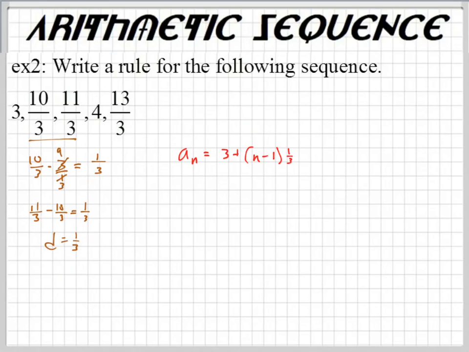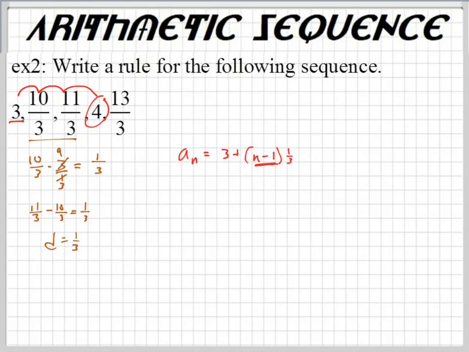Now, just because it says n minus 1 right here, that shouldn't surprise you, and let me show you why. To get a 4, we're starting with 3. How many common differences do I need to add to get to 4? Three of them, right? You go plus 1/3, plus 1/3, plus 1/3. Now look what a sub n gives you. It takes the number of the term, which is the n, and subtracts 1.